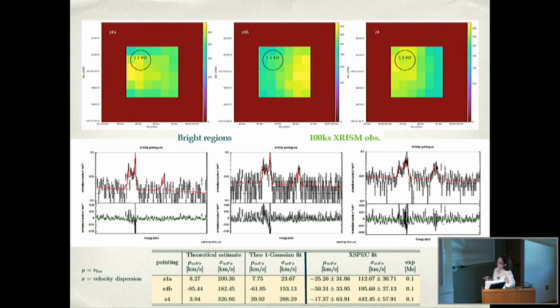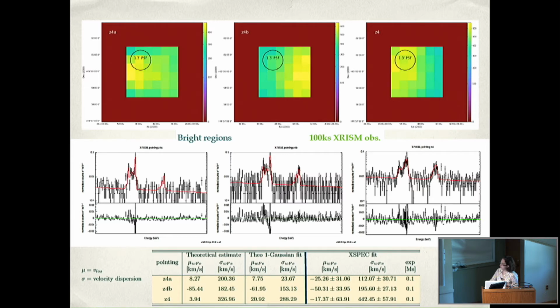The first thing you can do, of course, is to calculate weighted averages and velocity dispersion just from the distribution of the gas, and you get a theoretical estimate, which does not necessarily resemble what you get from XSPEC, which is in fact more similar to a single Gaussian fit of the distribution, since this is the model assumed in the broadened APEC one.